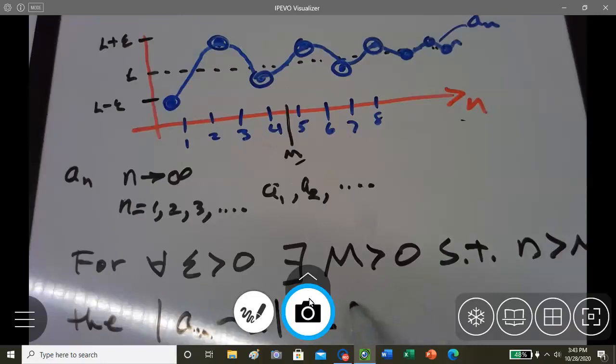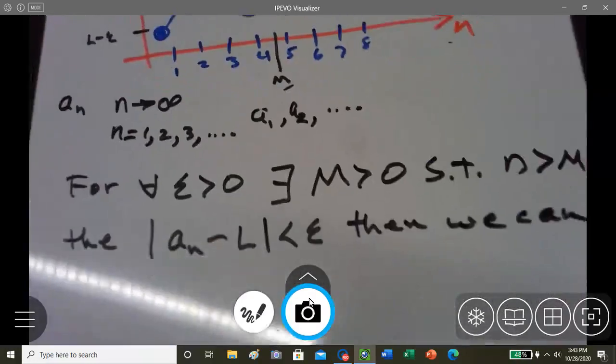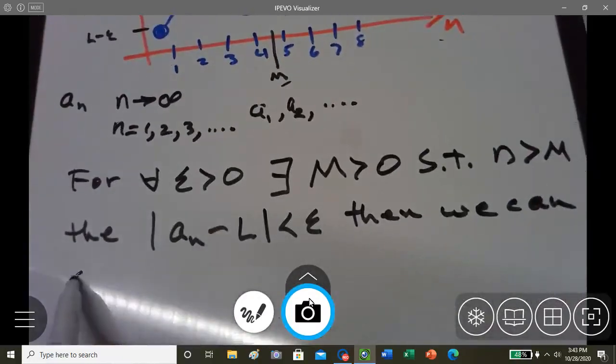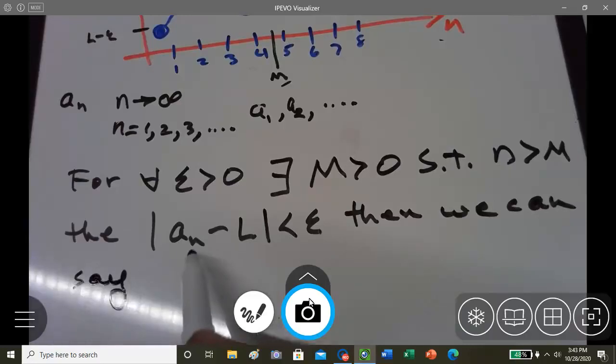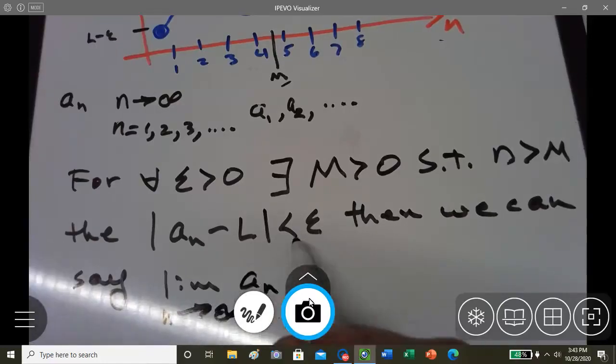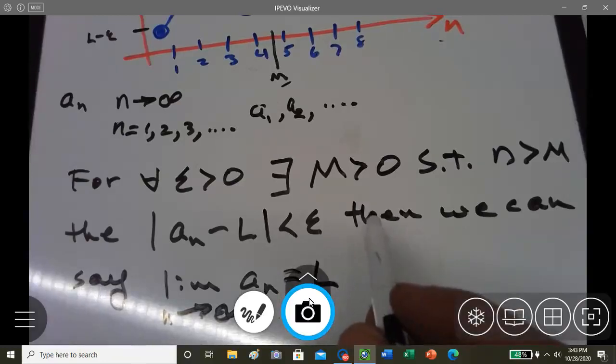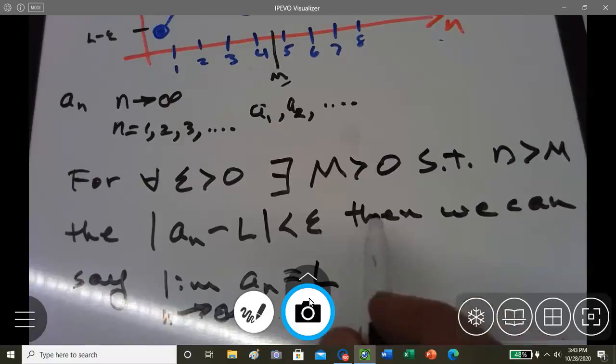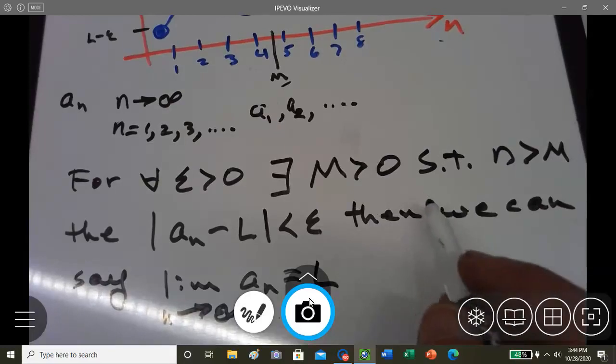Then we can say that our limit as n approaches infinity for our sequence a sub n equals our limit. And we can say that a sub n converges to the limit.